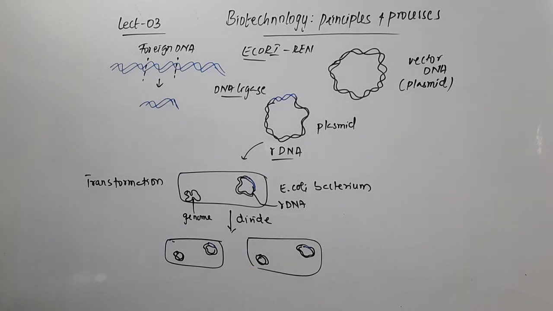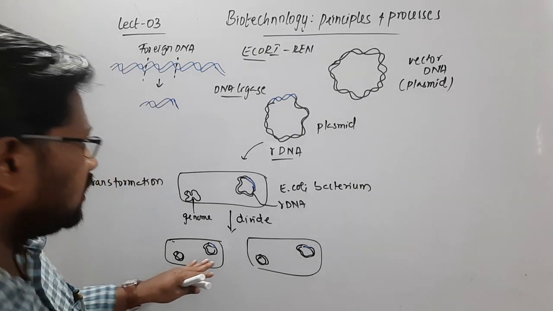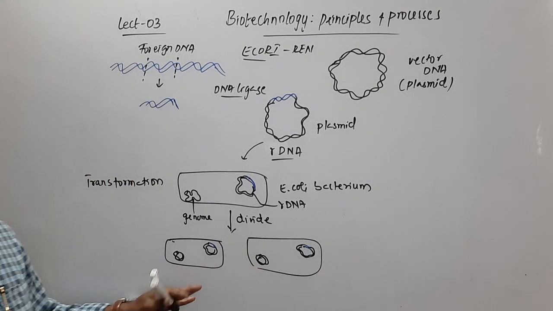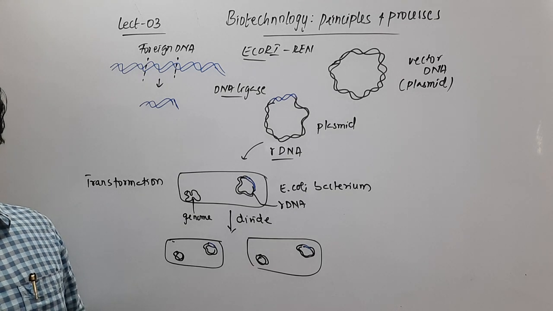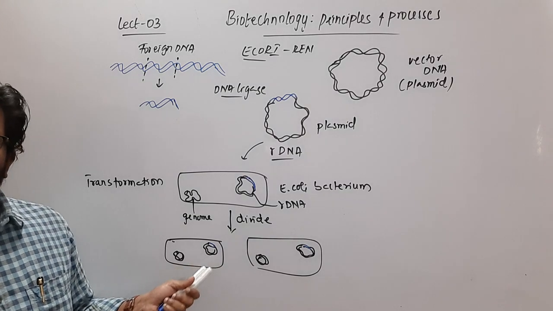So this is how it works in rDNA technology, and I'm going to grow this E. coli bacteria in large number so that I can get the product in large quantity.